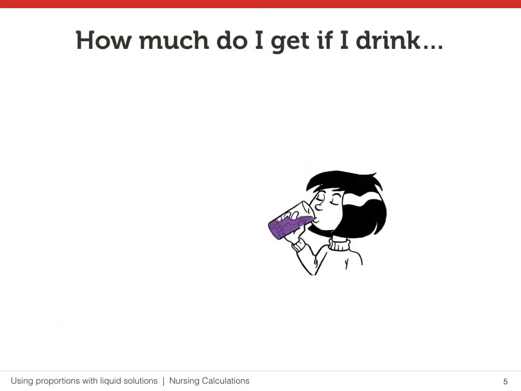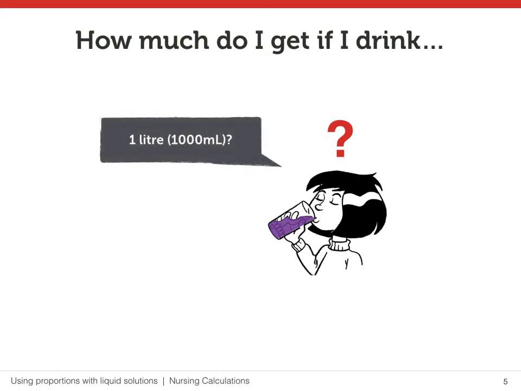So the question is, just how much GoFuel powder does a person get if they drink a certain amount of liquid? It makes sense that if you drink the whole 1 litre, you'll take in 40 grams of GoFuel. What if you drink half a litre? Then you'll get half of the 40 grams, which is 20 grams. Or maybe 250 mils, which is a quarter of a litre.